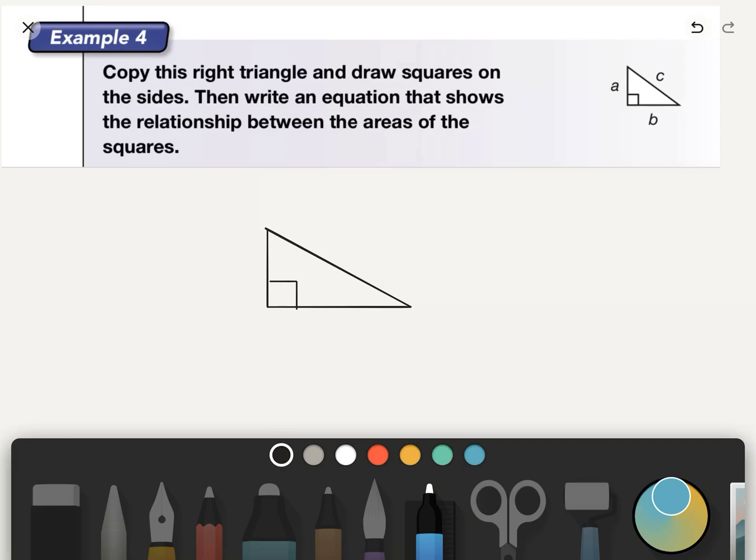Okay, well, so the area of the square created by leg A is equal to A squared.